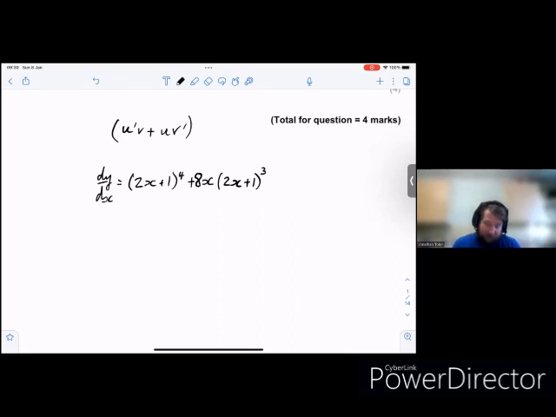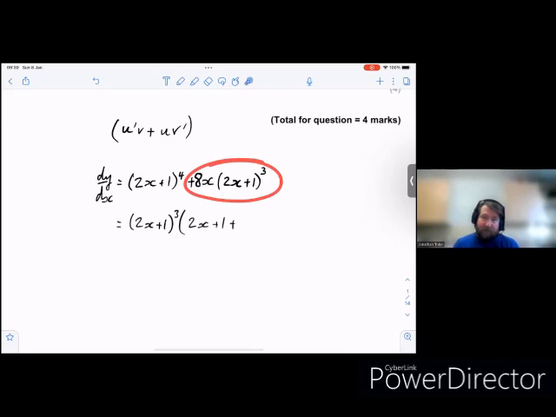We want to take the lowest power as our common factor. If we take out (2x plus 1) cubed from the first term, we're just left with 2x plus 1. And then if we take out (2x plus 1) cubed from the second term, we're left with 8x. That just needs tidying up a little bit.